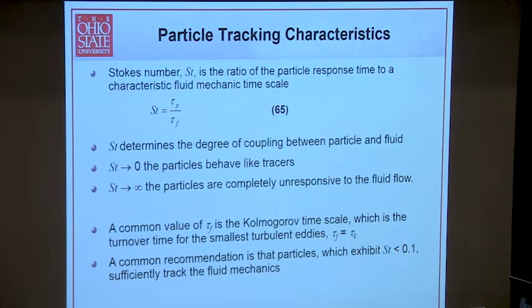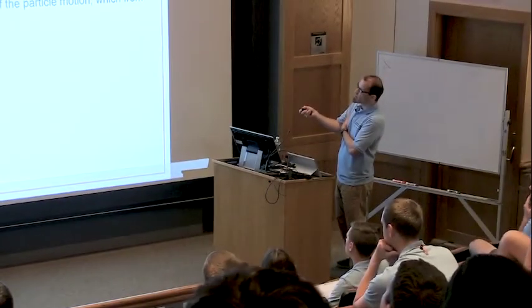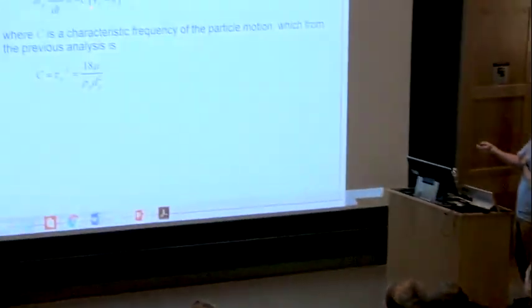Surprisingly, this is not satisfied very often, and I'll show you a different analysis which shows that generally a lot of the particles that we use both in turbulent flows and reacting flows do not follow the flows nearly as well as we think they do. Okay? So there is an alternative method by Melling, which I like. Equation 61 can just be recast in this manner.